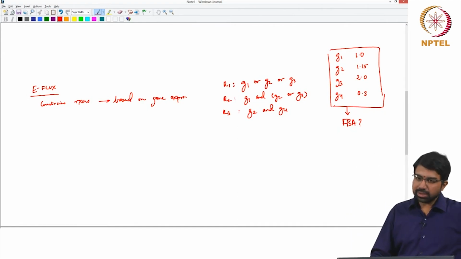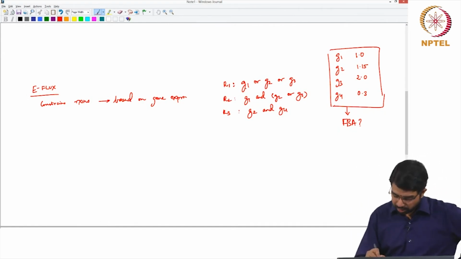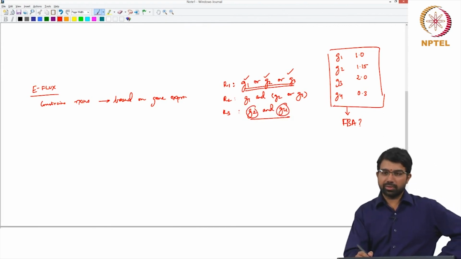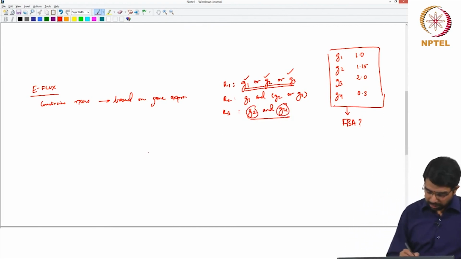You can imagine that if there is this kind of a relationship, if any of these is there, the reaction is going to survive, whereas in this kind of relationship you need both to be there for the reaction to survive, right. So, the idea is simple.